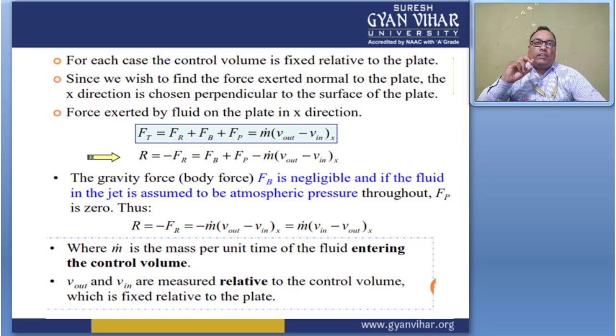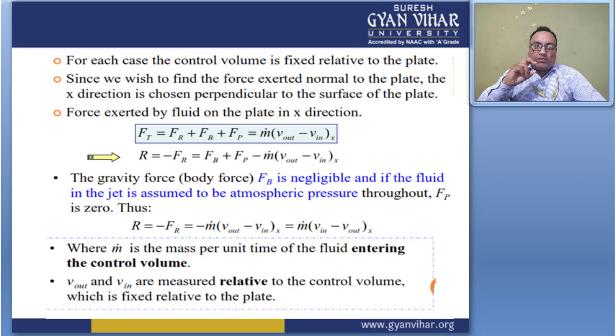Then the total force on the plate is Ft equal to Fr plus Fb plus Fp, where Fr is m dot (V out minus V in) in the x direction only. For the reaction force, R equal to minus Fr, it gives only Fb plus Fp minus this type of equation.